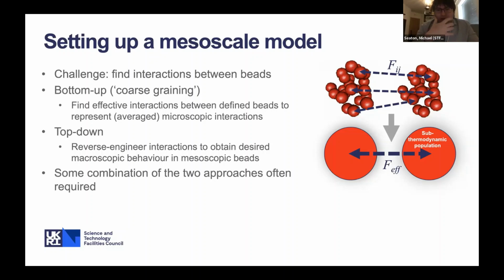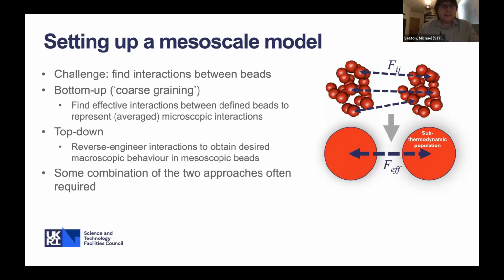And in the process of doing that, it can give us some additional insights into our system. Typically, in mesoscale modeling, we usually have a combination of the two approaches. Some aspects may derive from the microscale, but others might derive from the macroscale.